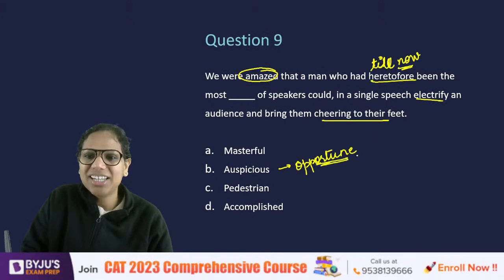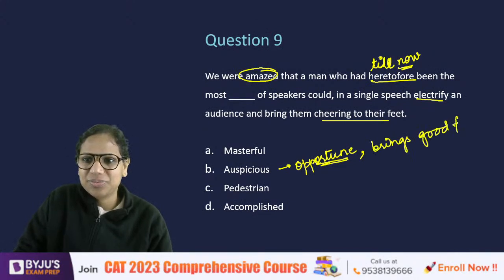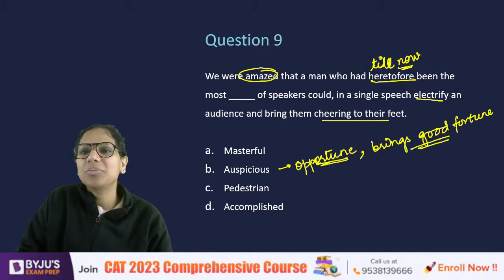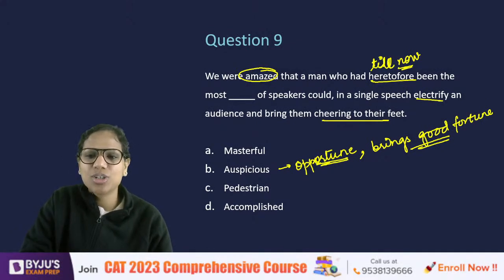So it bodes well for you, brings good fortune. That is auspicious. So a speaker cannot be auspicious. Occasions are auspicious, right? Days of the year are auspicious. That's why people marry on certain days. So it is C that is the answer.